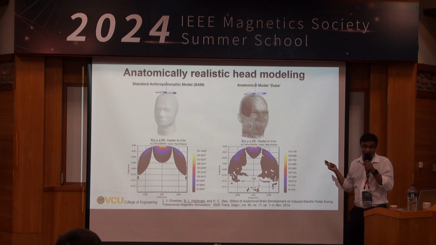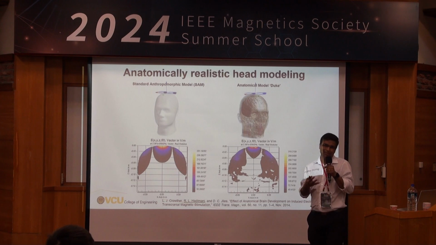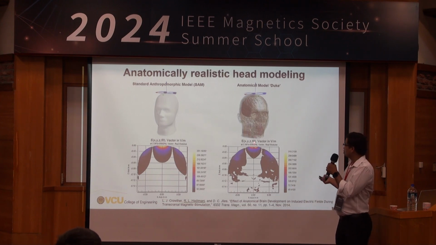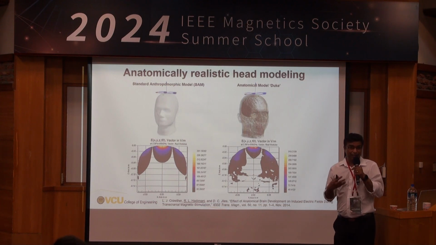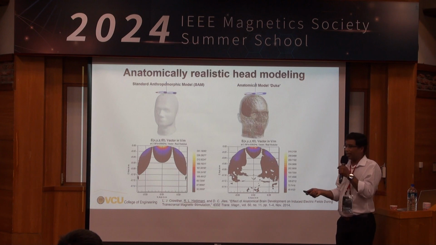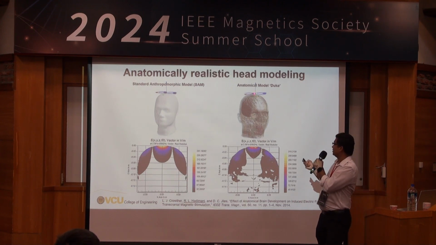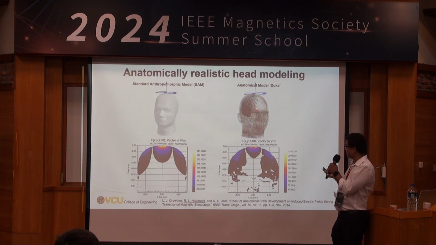They have different conductivities. The magnetic permeability is close to 1 for all these regions, but because the conductivity is different, the induced electric field will change depending on the heterogeneous conductivity.